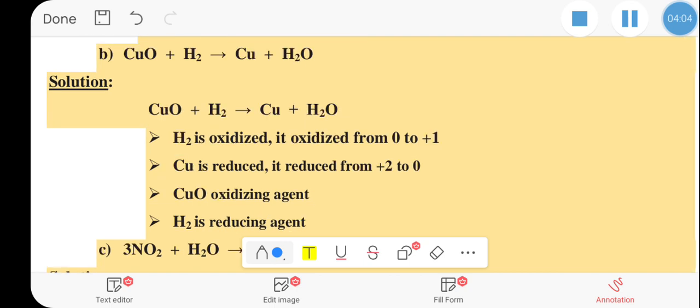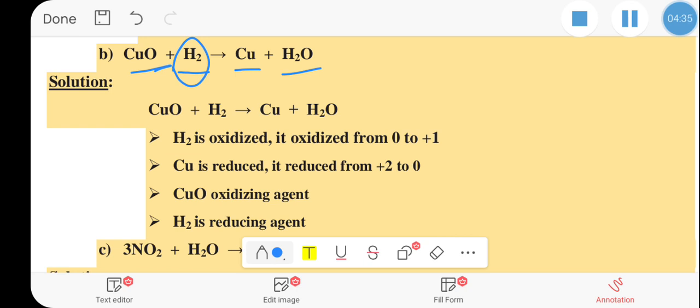The second question, copper oxide reacts with hydrogen gas to produce copper and water. In this reaction, in the reactant side, the oxidation number of hydrogen is 0 because it is a free element. In the product side it is plus 1, because it forms a compound with oxygen.